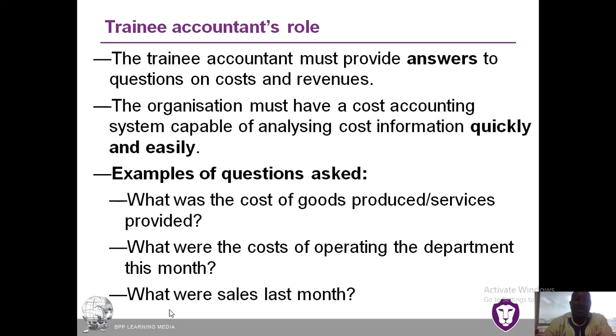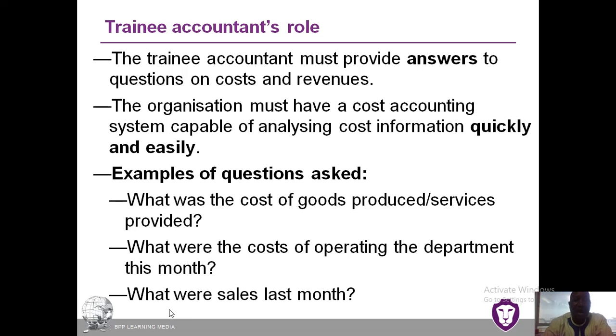So those are the questions that a trainee accountant is supposed to answer, and those questions provide information for managers to make decisions.